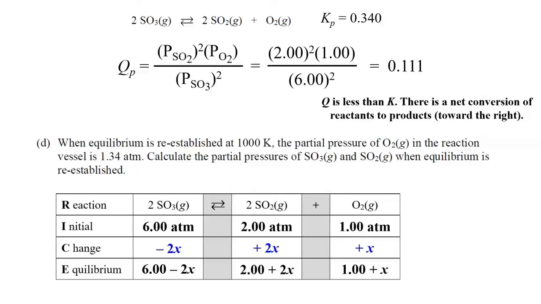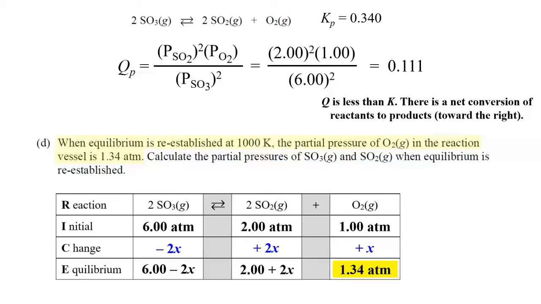Now, this is not going to be complicated math. We're not going to have to use some fancy quadratic equation. They were nice enough to tell us in part D that when equilibrium is reestablished, the partial pressure of O2 in the reaction vessel is 1.34 atmospheres. So we can put that number in the final row of the RICE table. So 1.34 now goes in that spot at equilibrium. And that's great, because now we can calculate x.